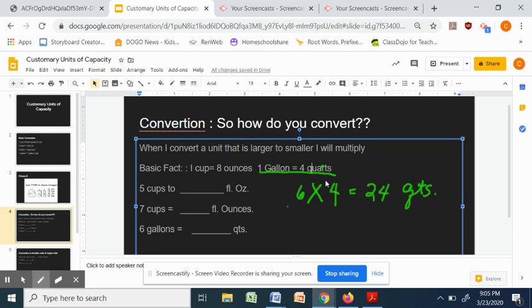So 6 gallons is exactly the same as 24 quarts. And we said 7 cups is exactly the same as 56 fluid ounces, and 5 cups is exactly the same as 40 fluid ounces.